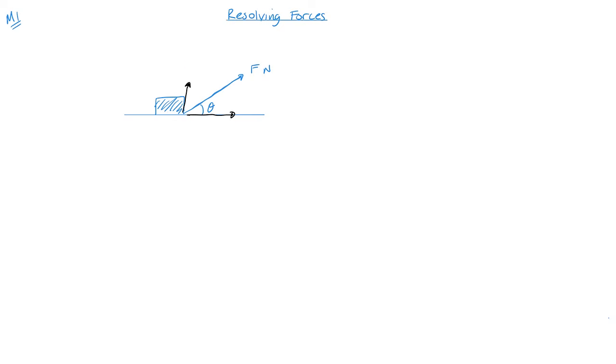For us to split F up into its horizontal force, let's think of making this a triangle. I'll call this AB. And what I can look at is cos theta is adjacent over hypotenuse.